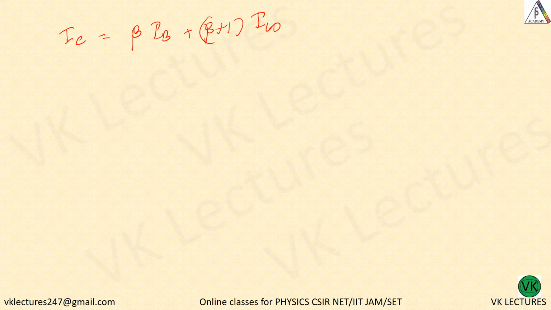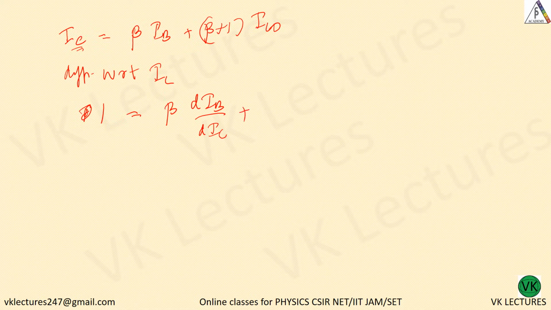Right? Now differentiating with respect to IC, what you get is 1 equals beta into dIB by dIC plus beta plus 1 into dIC naught divided by dIC.